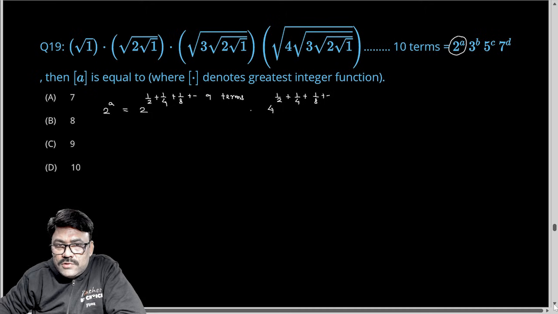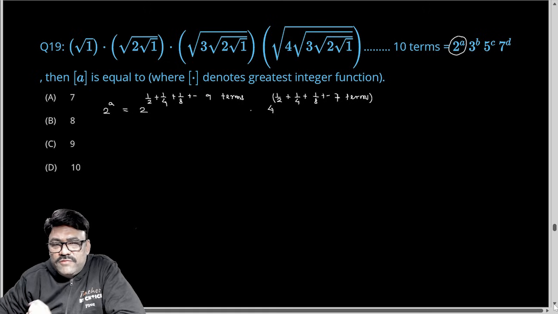How many terms? 4 starts from the fourth bracket onward, so out of 10 brackets, 3 left, so 7 terms here. Why 7 terms? Because in the first, second and third bracket, there is no 4.